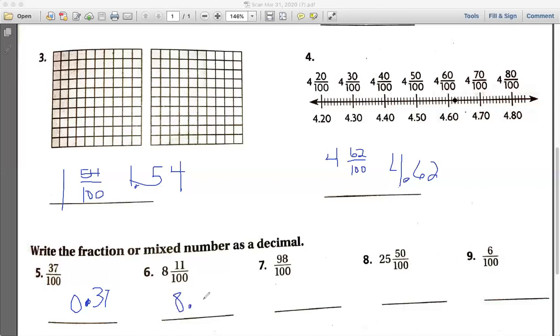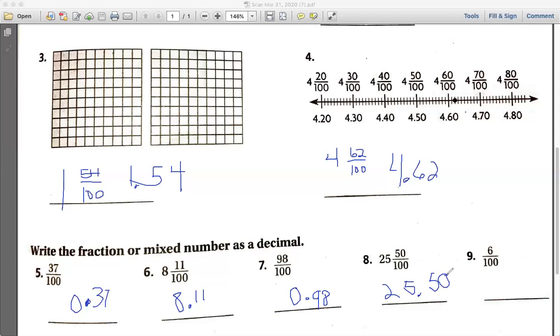And that's 11 hundredths. 8 and 11 hundredths. Okay, 98 hundredths. Okay, we don't have any wholes. 98 hundredths. Okay, 25 and 50 hundredths. Easy peasy, 25 and 50 hundredths.